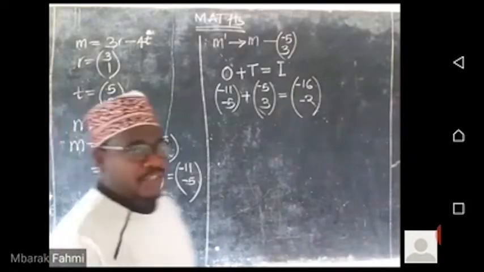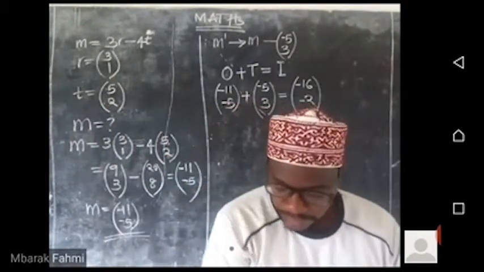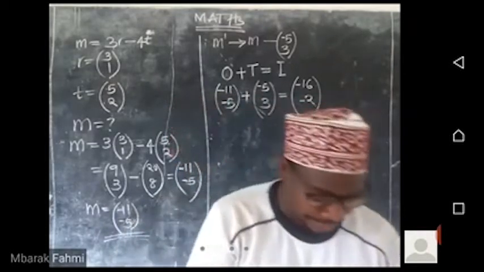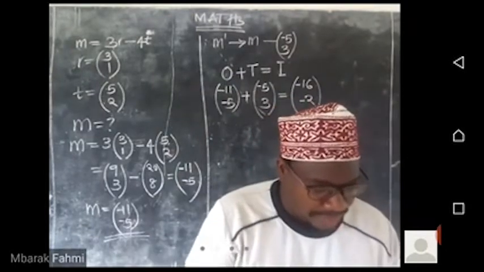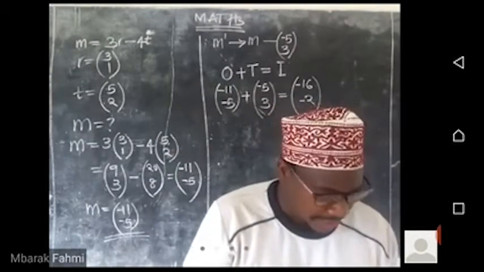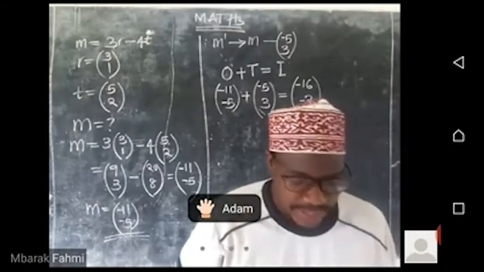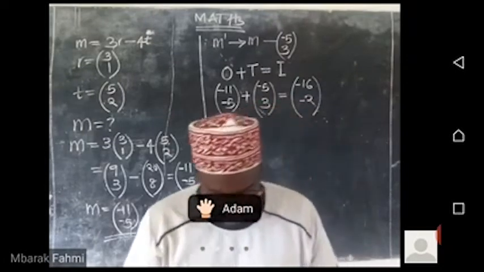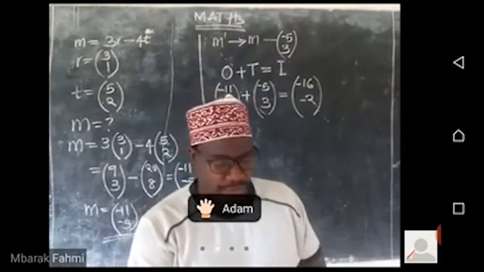Now, I want us to look at today's questions. Today we're dealing with number 12, and possibly, if we can make it, we'll also work out number 13 together. For number 12, I think you have the past paper on your side.